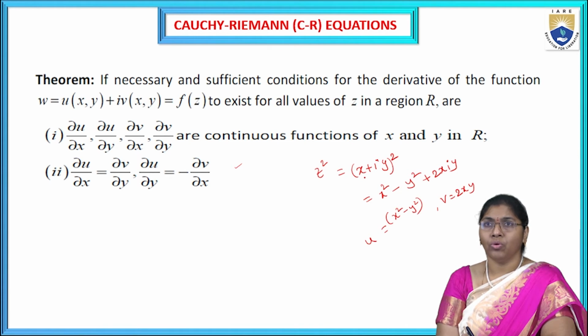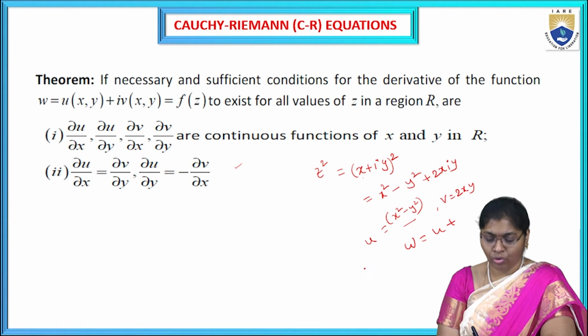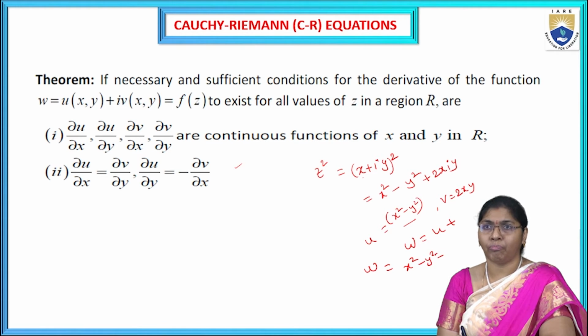Then w equal to u plus iv, that is w equal to x square minus y square plus i into 2xy.